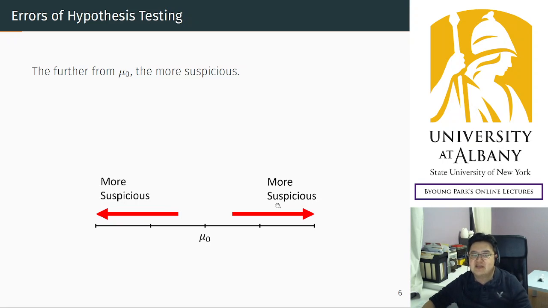You can feel that something is wrong as the sample average moves away from your hypothesis. If the sample average is far away from your hypothesis, then something is going wrong, right? So I say that is suspicious. It becomes more suspicious as the sample average occurs in that direction.